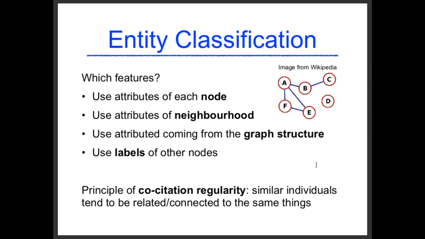You build a set of features, which includes the attributes of the node, the attributes of the neighbors, the attributes of the graph structure. So you really exploit the structure in the features, and only in the features, okay? And you use any kind of classifier that you want, okay?